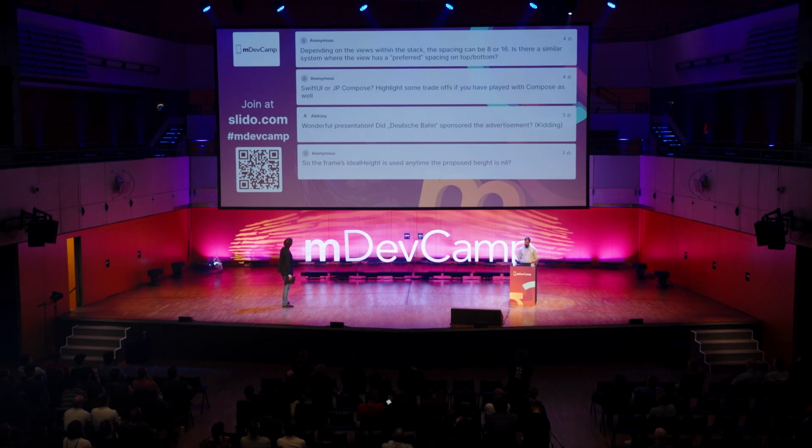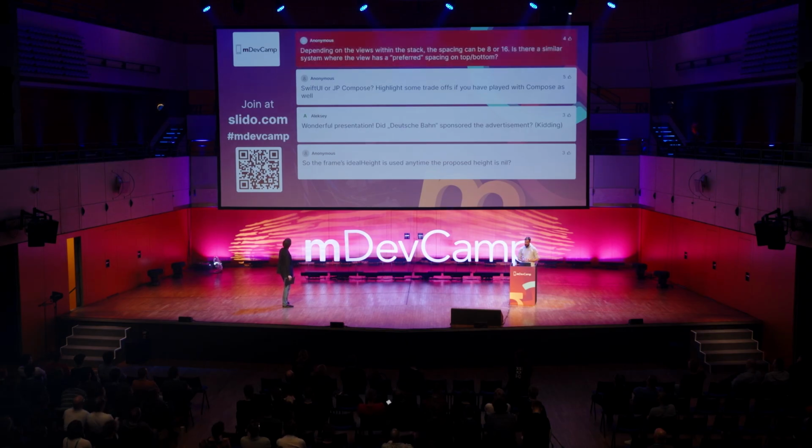Depending on the views within the stack, the spacing can be 8 or 16. Is there a similar system where the view has a preferred spacing on top and bottom? Yeah, there is something with preferred spacing, and I never understood how it works. In the layout protocol, you can define preferred spacing, and that's how I know that there is something like that, but I never really understood how that works.